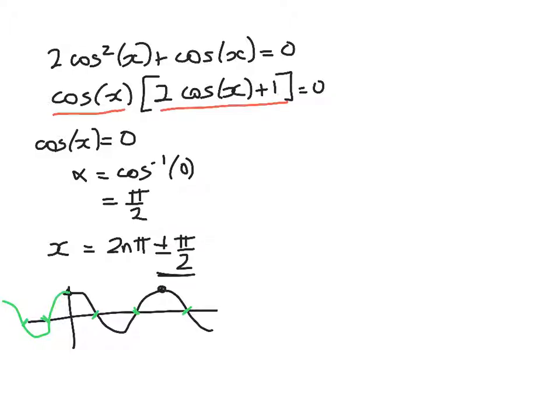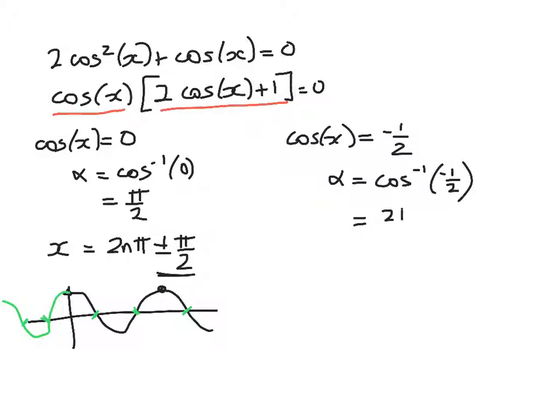Secondly, we've got 2 cos x plus 1 equals 0, which gives me cos of x is equal to negative 1/2. So alpha is equal to this, and that works out to be 2 pi on 3.